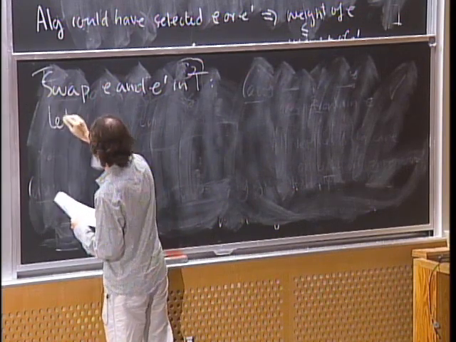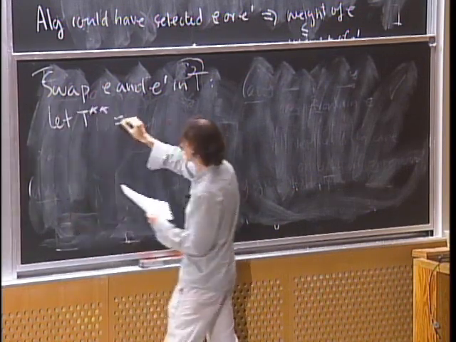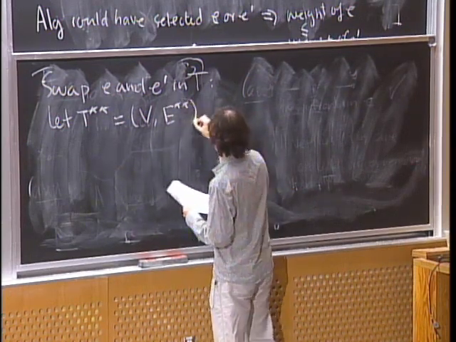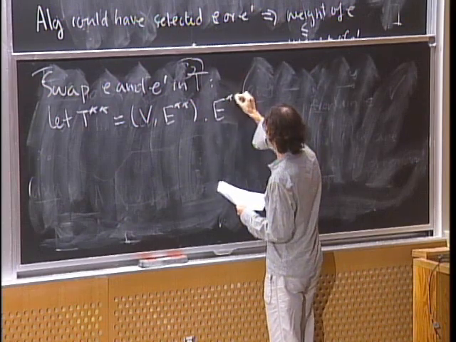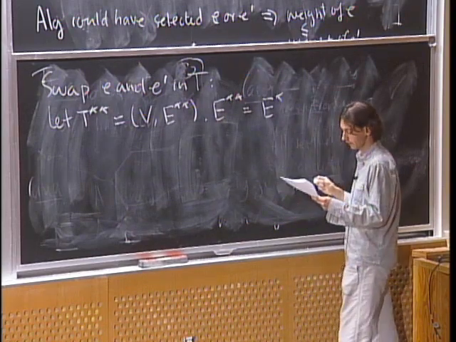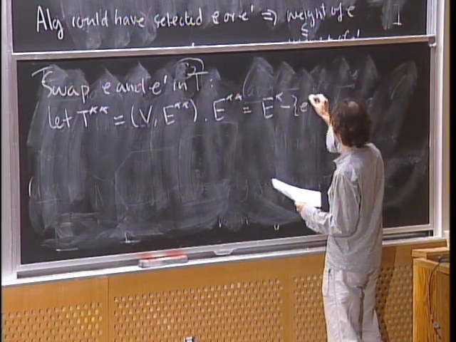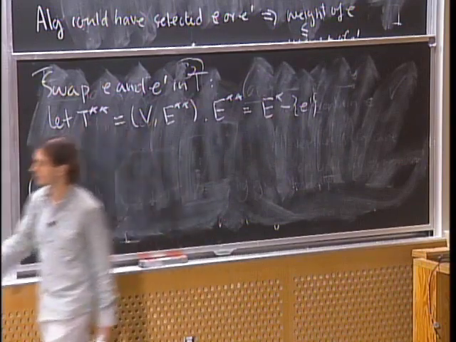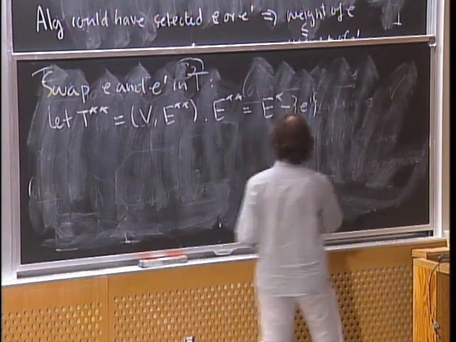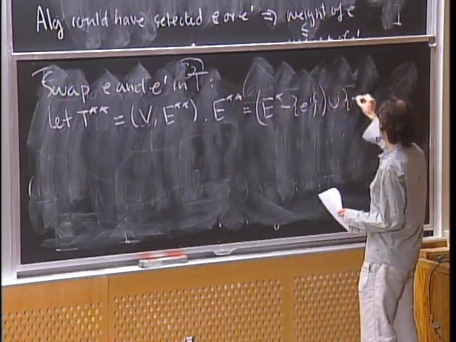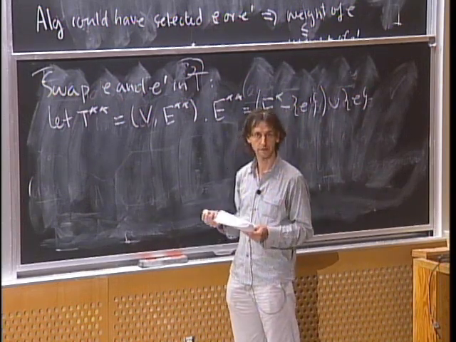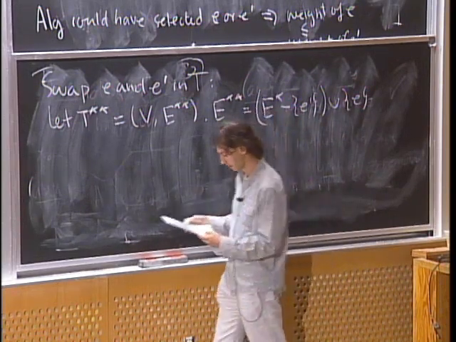Let T double star be equal to V with the edge set E double star, where E double star is really equal to the original set E star, but we take out of this E prime. So this one is taken out of the minimum spanning tree, and we add E in here. Now we want to prove that this particular T double star is a minimum spanning tree that fits our lemma.